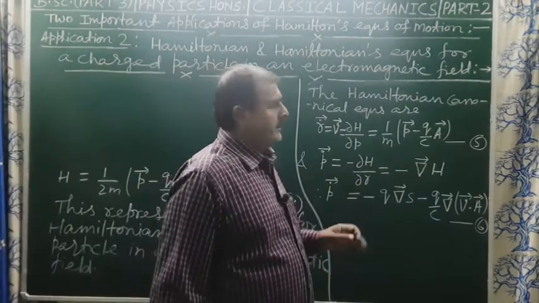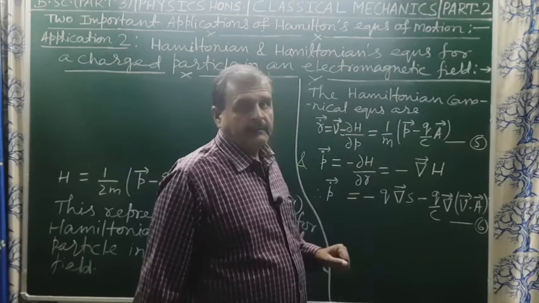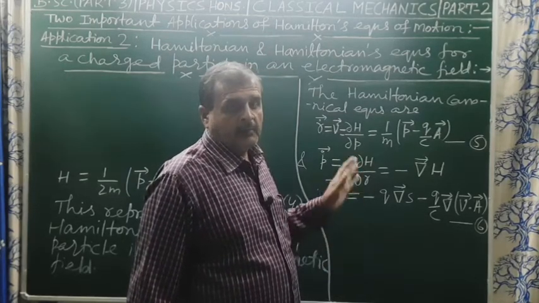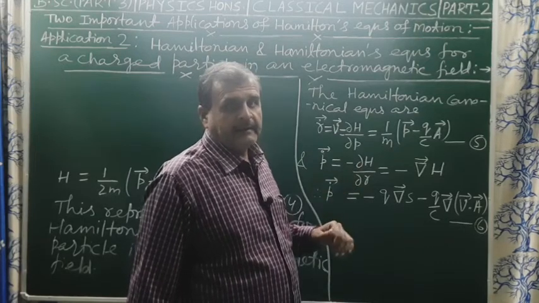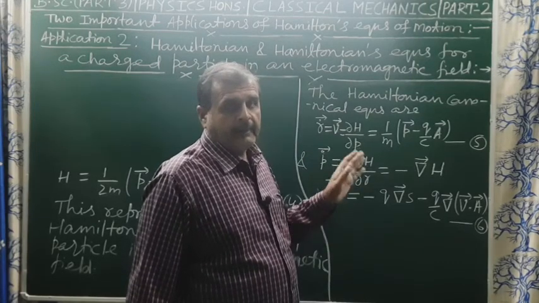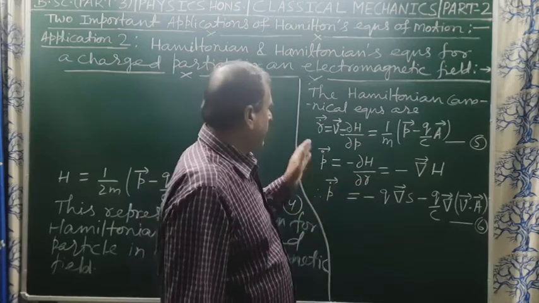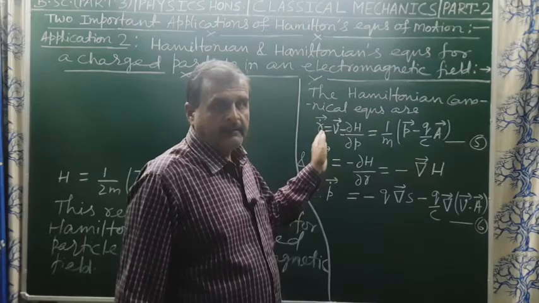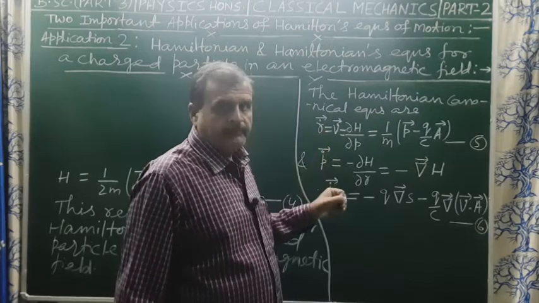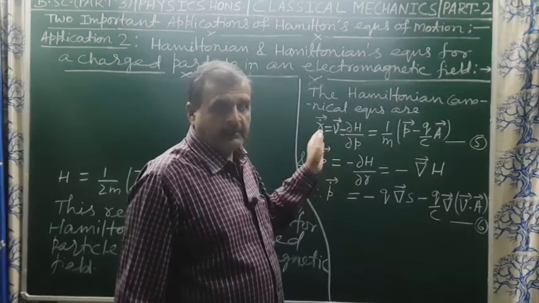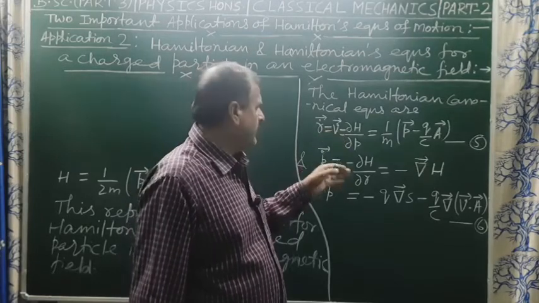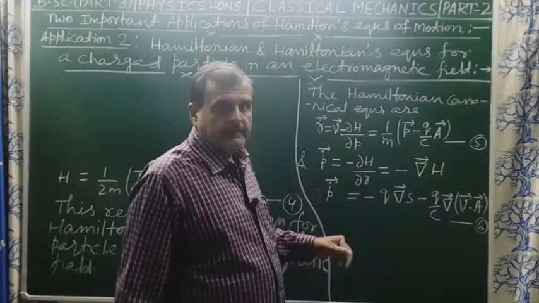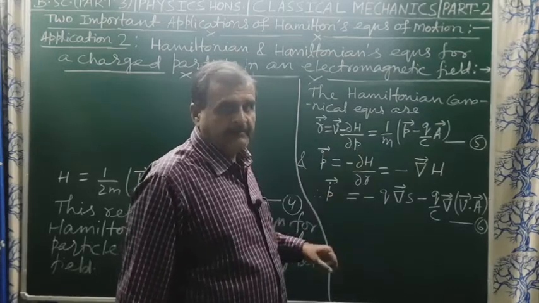Now the Hamilton's canonical equations of motion for a charged particle in an electromagnetic field are given by r dot. In place of qk dot, we have written r dot, which is the generalized velocity, that is v, and it is delta H by delta p, or delta H by delta pk.